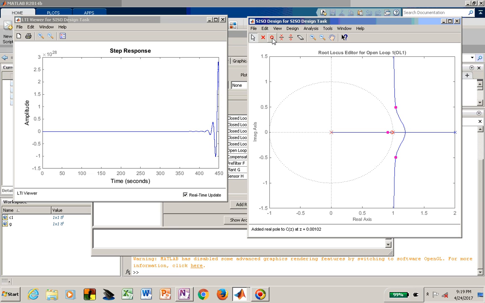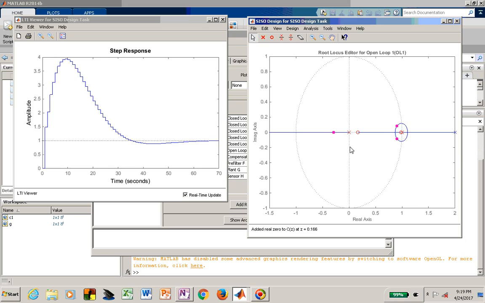But the PID controller not only has the two poles, which are fixed, one at the origin and one at 1, we also have two zeros. Let's assume we have one zero fixed at 0.9833 and put another zero in. Now you can see that we have changed our dynamic behavior.